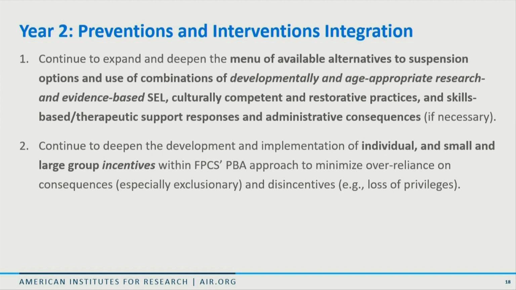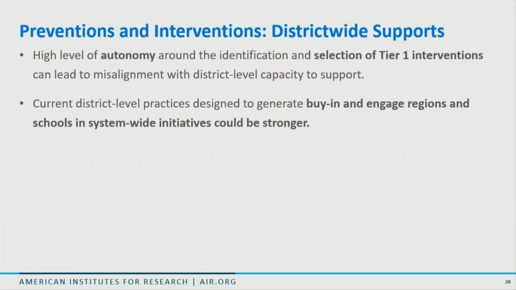And we talked about the incentive. We talked about some of the challenges with the actual preventions, interventions, and supports. We talked about the autonomy at the site level. Tier 1 can lead to misalignment with the district's capacity to support. So that's major. In other words, if something gets hot in the field and folks jump on the next hot train around programming, and the training and the capacity of the central office is over here, then that leads to disconnect, and that doesn't guarantee that those interventions and supports have been vetted.